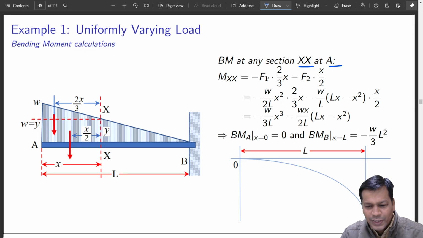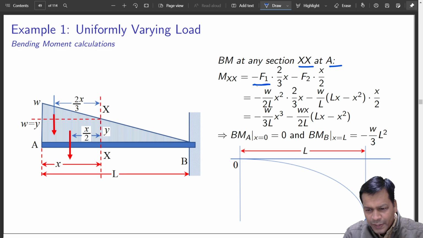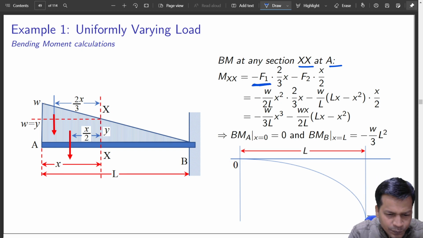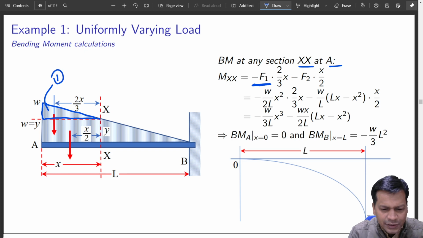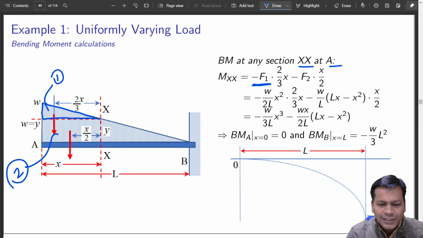F1 is the shear force due to the first section. Again, don't forget, this we considered as the first section, this we considered as the second section. Where does F1 act? That force acts at the centroid.